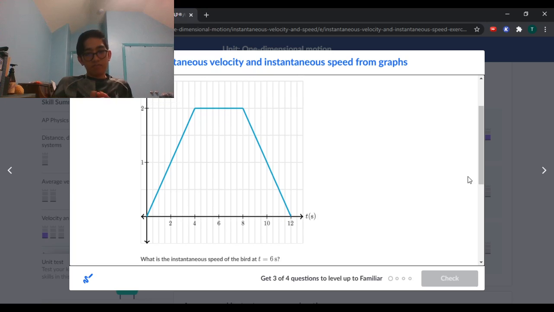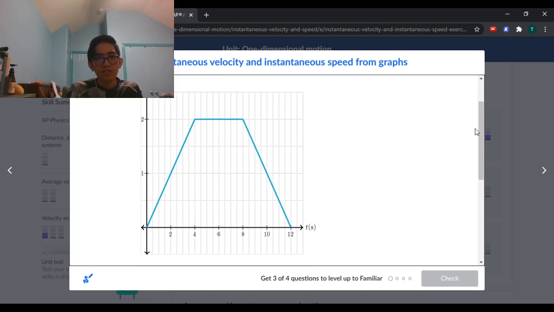Okay, so instantaneous velocity at 6. So what's happening at 6? It's not moving, right? How do you know it's not moving? Well, because what we have here at 4 to 8 is a period of time where the bird is not moving. So if the bird isn't moving, I want you to get this in your head.